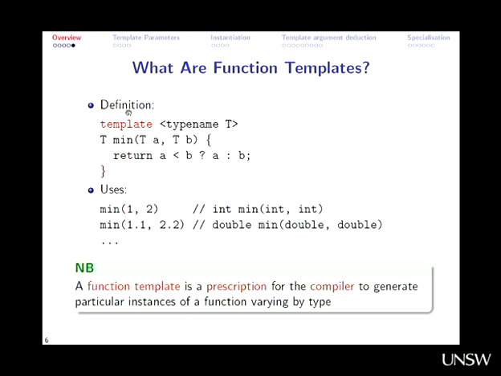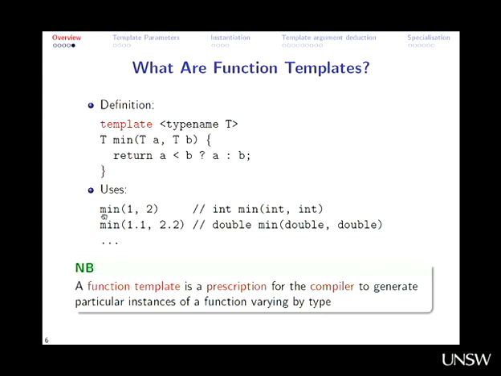The word template goes at the start, typename T. If you're coming from Java, we've talked about Java generics, and you would have seen E or something like that, same idea. This T is a substitute for some sort of type. And so template typename T, returns a T, takes in two T's, named variables A and B of type T, return A less than B.